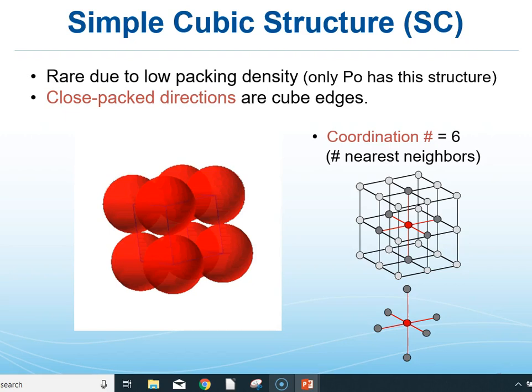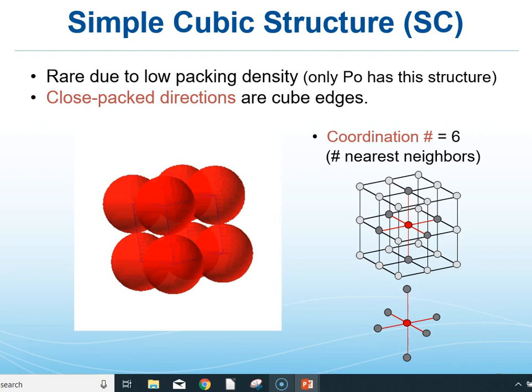So simple cubic structures, even though they're only represented by polonium and not very useful for an engineering sense, do give you a really simple way to visualize a crystal structure. It is literally a cubic system, meaning that every edge is the same length and they are all at 90 degrees to one another. There is an atom on every corner of the cube.